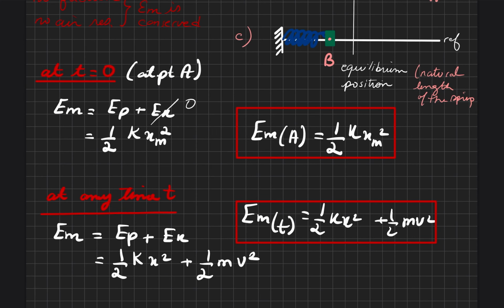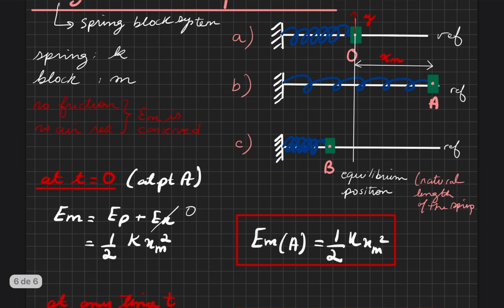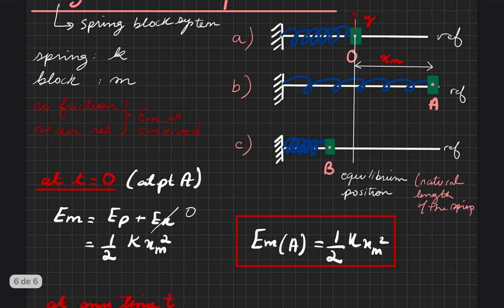X, on the other hand, is a variable. So x is the position, any position of the block between the maximum expansion and the maximum compression, or the minimum, we can say.